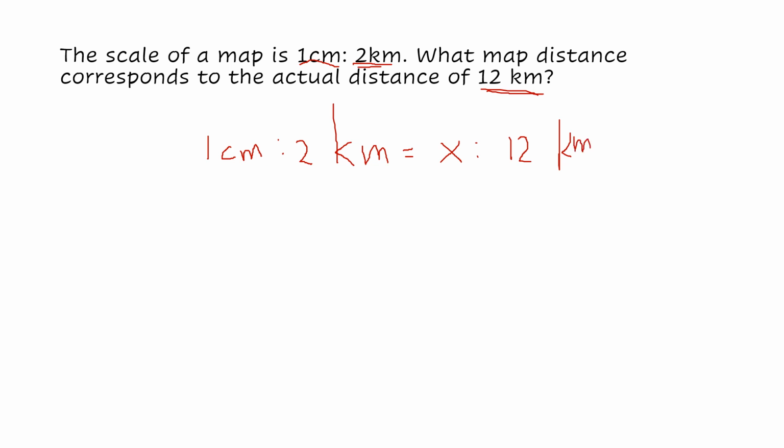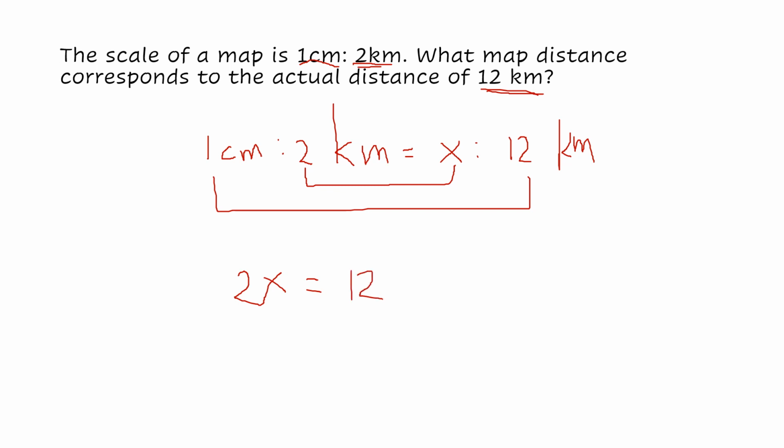Applying the product of the extremes is equal to the product of the means, you get 2x equals 1 times 12, which is still 12. Dividing both sides by 2 to get x, you have x equals 12 over 2, which is 6.